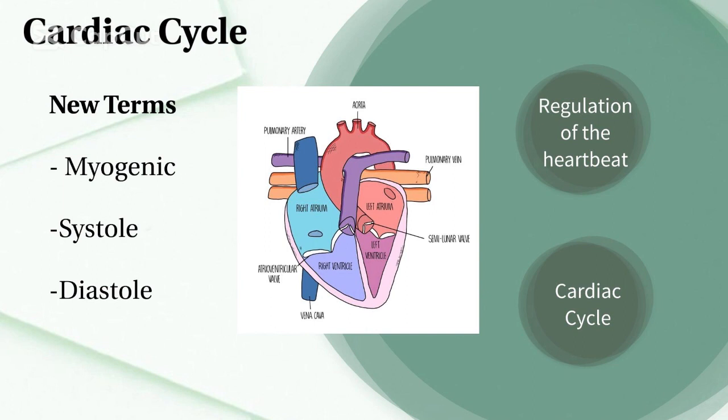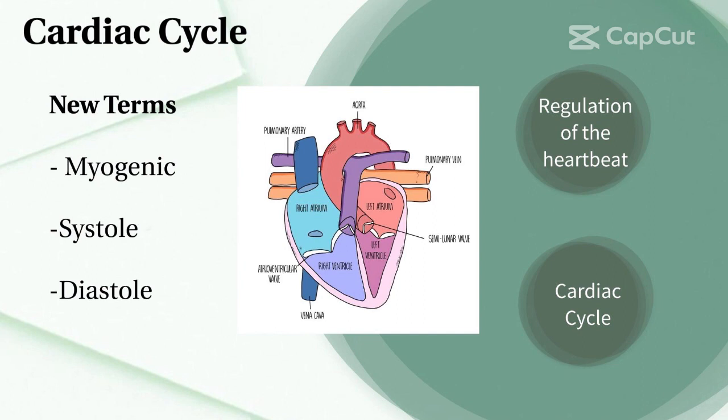And how this pumping is regulated is actually independent of any other system in the body. So unlike any other muscle moving, for instance, if you contract a muscle in your arm, that is regulated by the nervous system. The heart is completely independent of that.